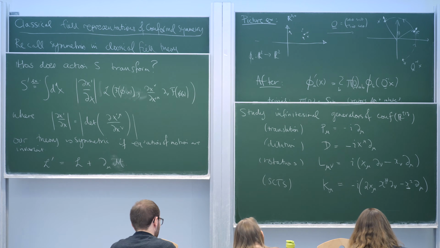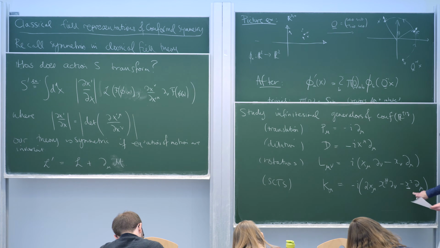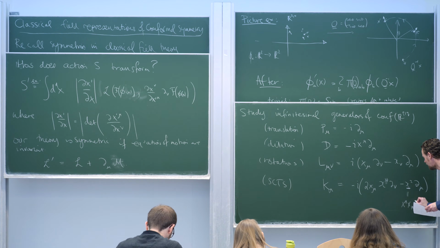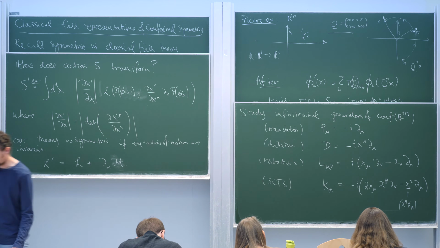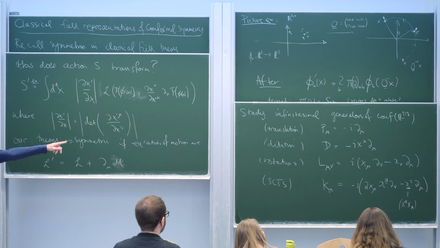Okay, that's the infinitesimal generators of the conformal group. That's the number 2. That's the vector x squared. So every conformal transformation is a product of one of these, and infinitesimal ones are going to be commutators of these.